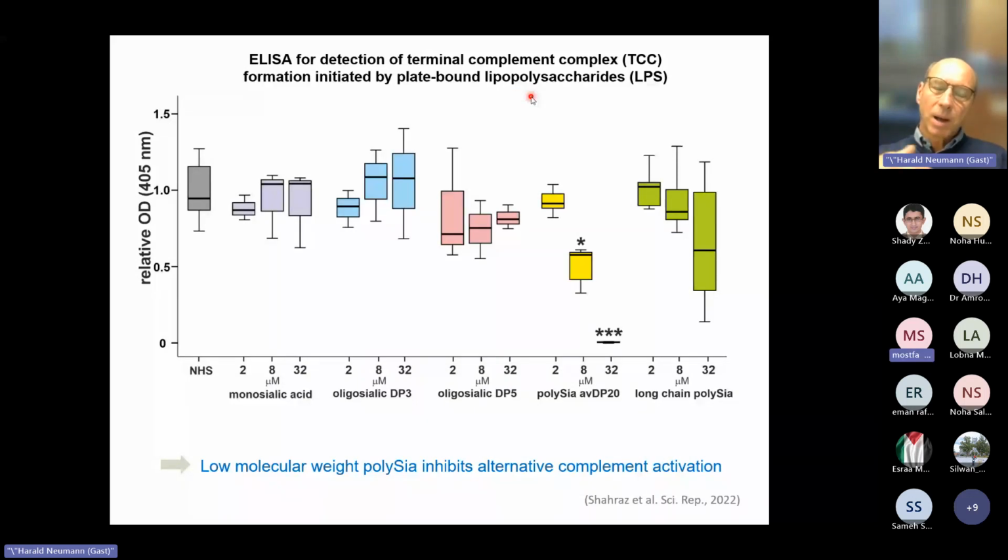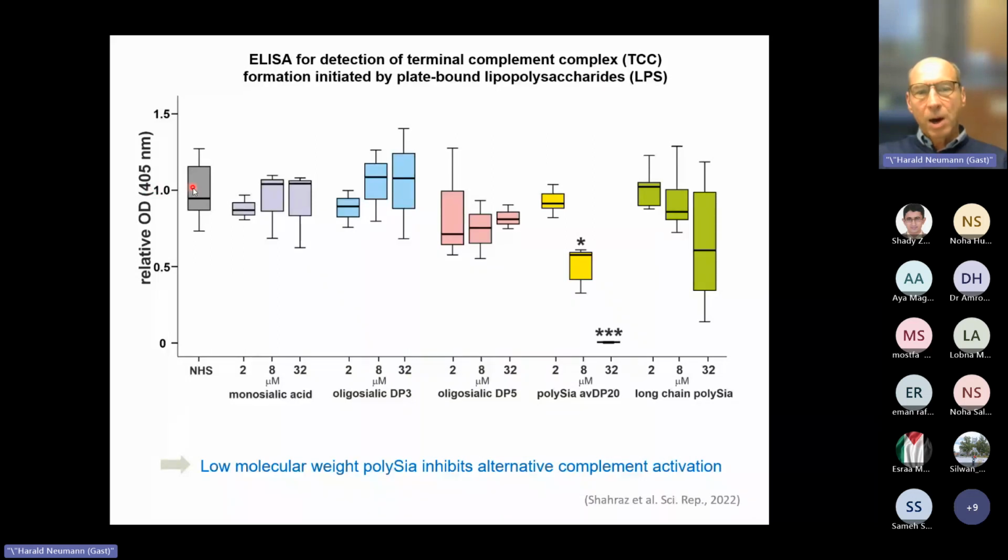And the final readout of this cascade is the formation of a terminal complement complex, a TCC, which contains C9 and C5b. This is the signal you get with normal human serum on the plate.